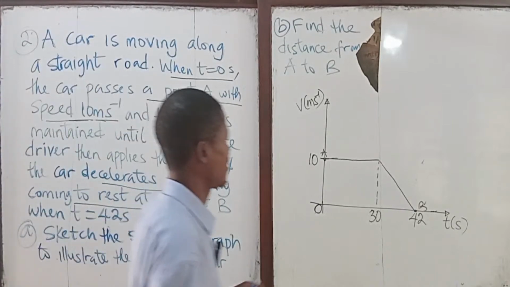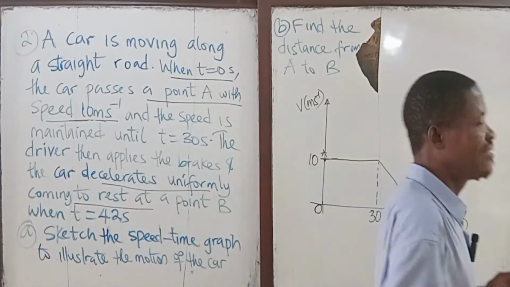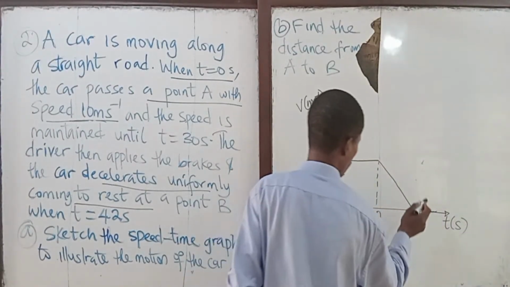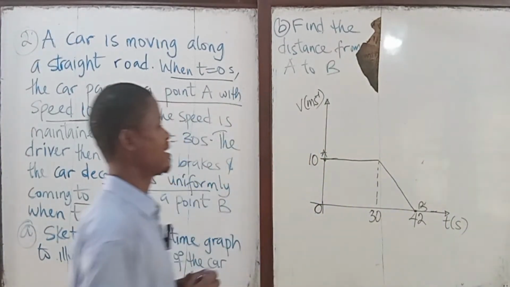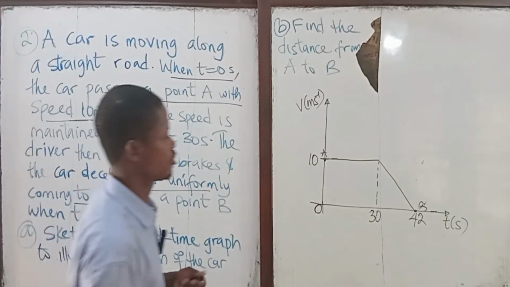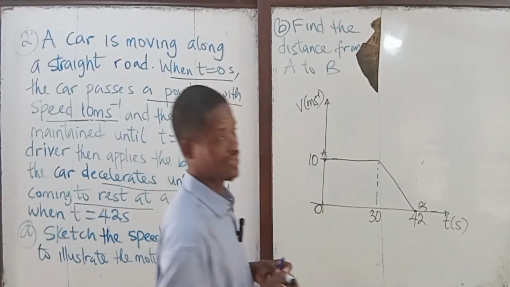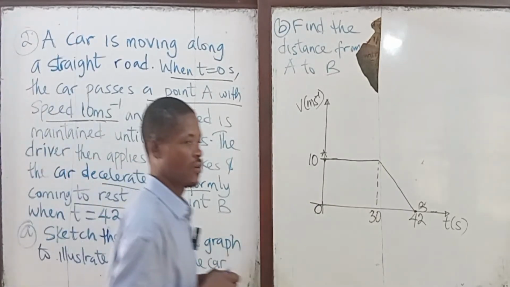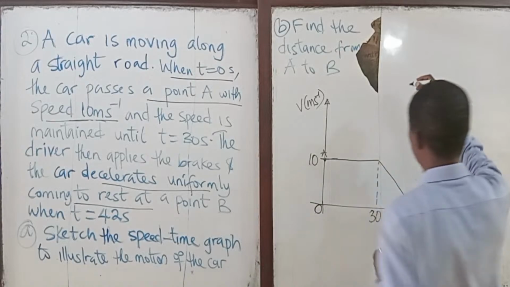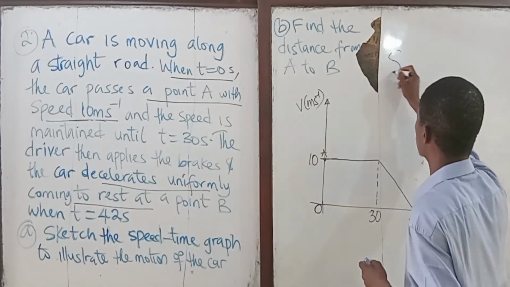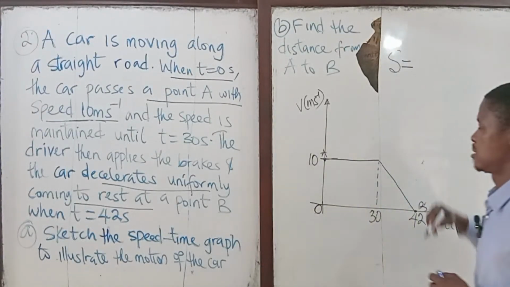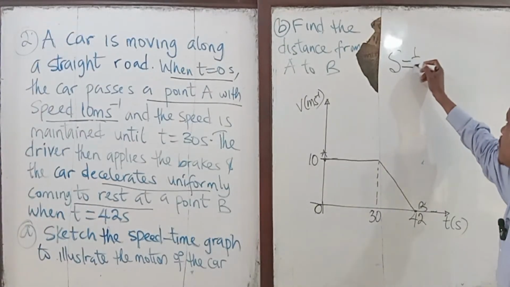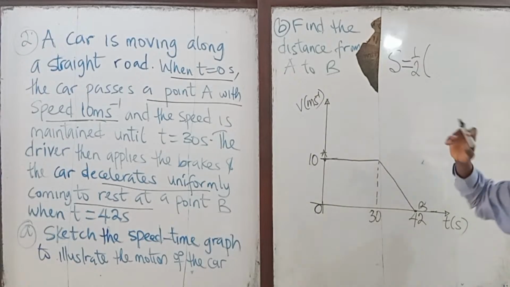The B part: find the distance from A to B. I'm going to use the trapezium formula. The distance will be half times the sum of the two parallel lines.